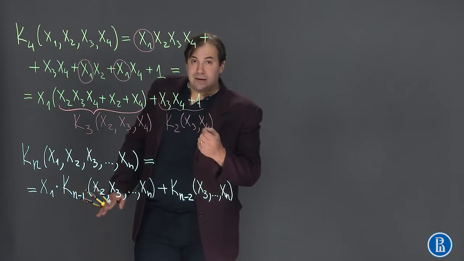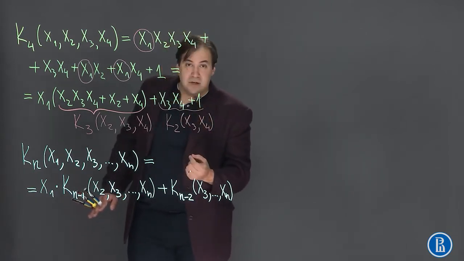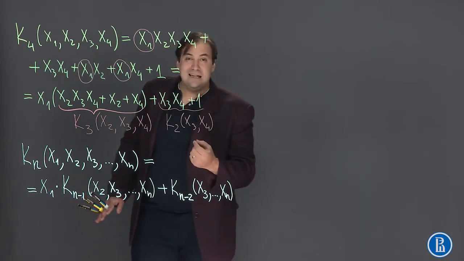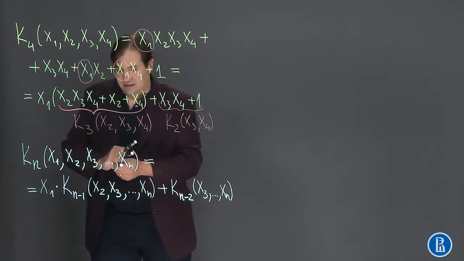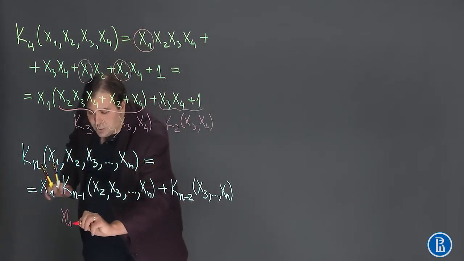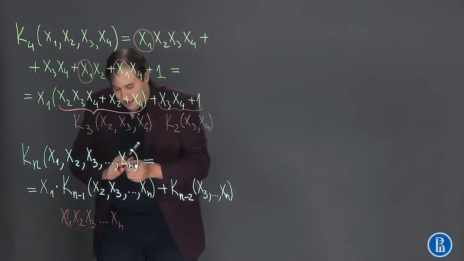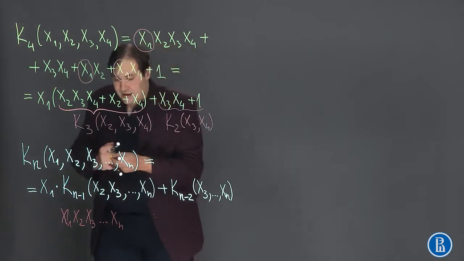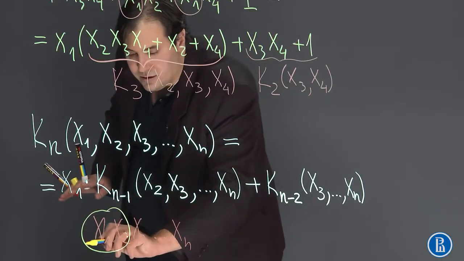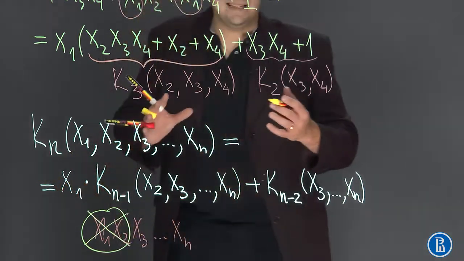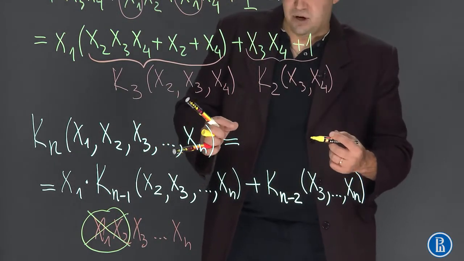But deleting x1 inevitably causes the deleting of x2, because we have a product of all of the x's, x1, x2, x3, and so on, xn. And if we want to delete x1, then it can be done only if we delete this pair here. So all that is left will be gained from this product by deleting some pairs of neighbor x's.